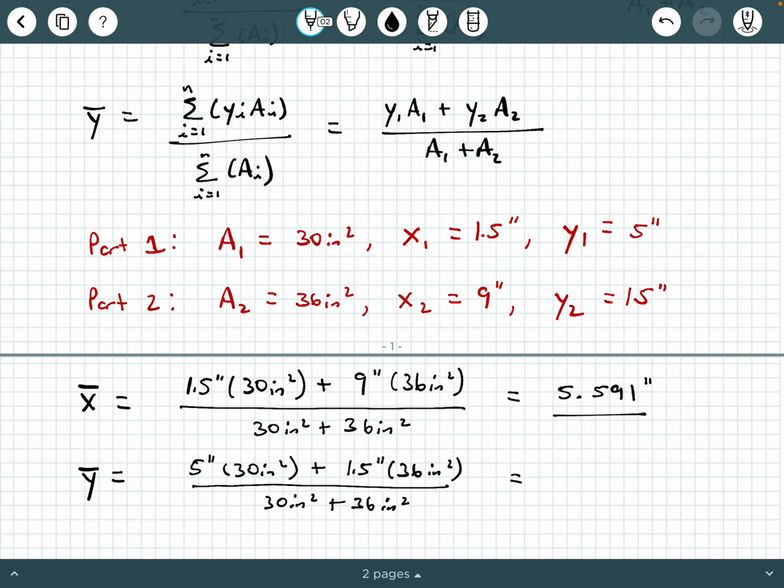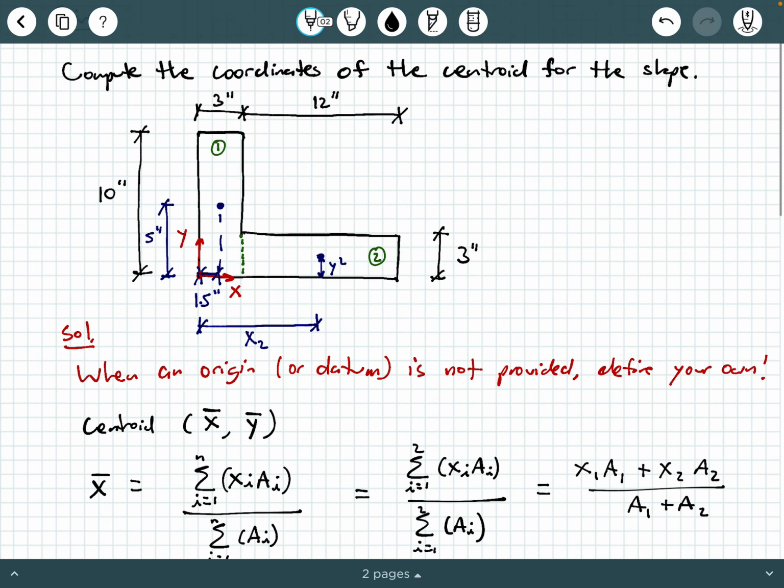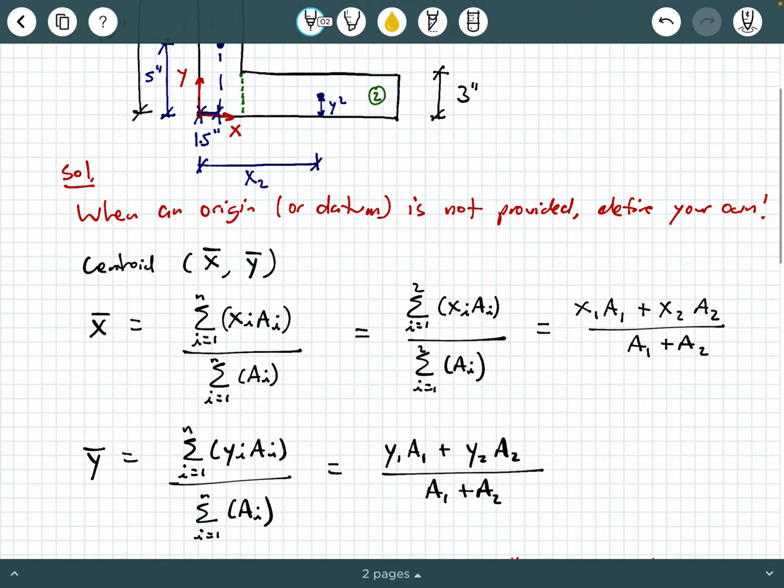So I'll punch this through, 5 times 30. Again, I'm doing this in my TI-36X Pro calculator. And I get 3.091 inches.